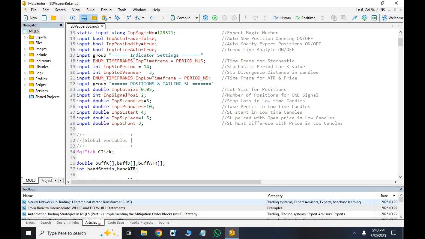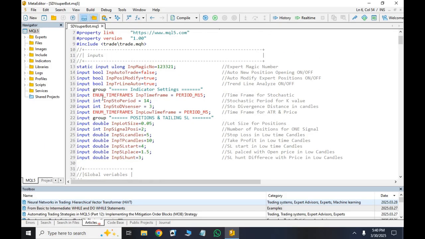And for indicator settings, the time frame, the normal time frame, and the stochastic period, that means the K value. Initially it is set to 14, and the other settings are set to 3 and 3; they are not taken as inputs.